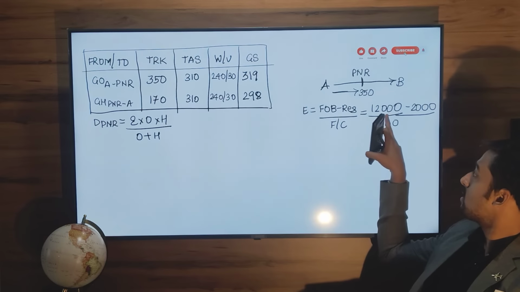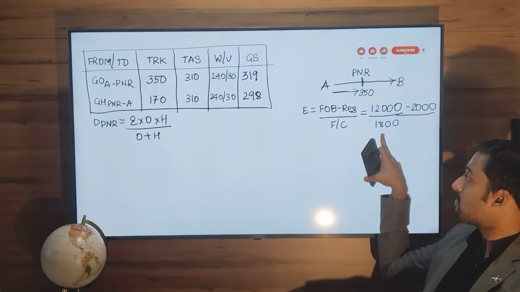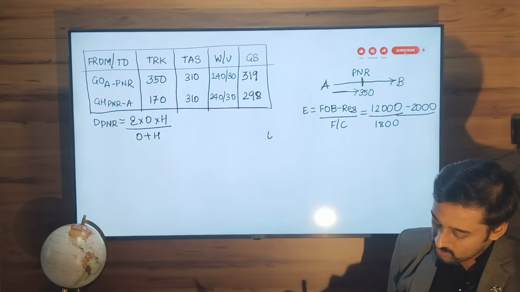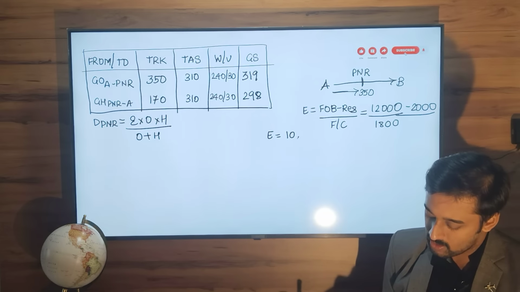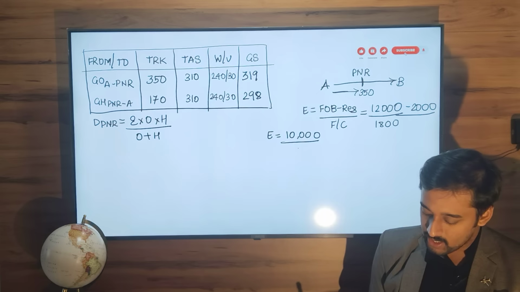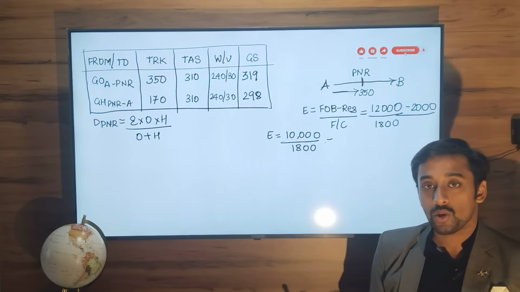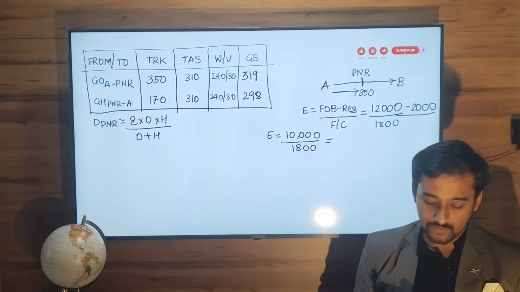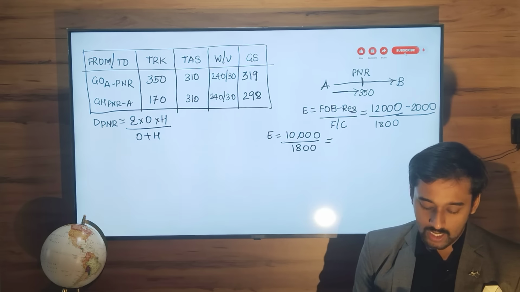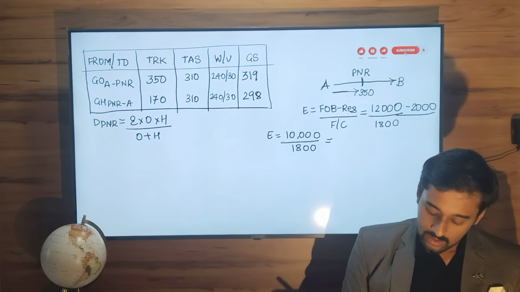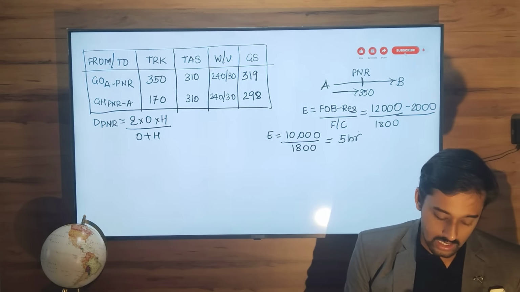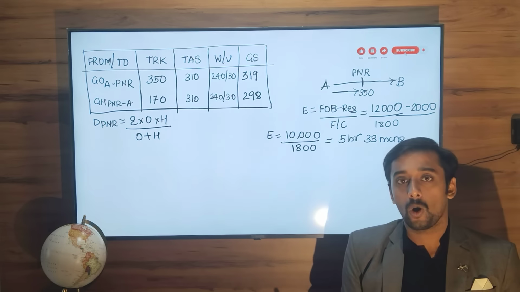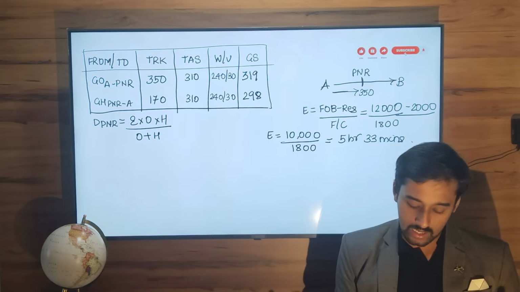So 12,000 minus 2,000 divided by 1,800. Endurance will be 10,000 divided by 1,800, which is 5 hours 33 minutes.